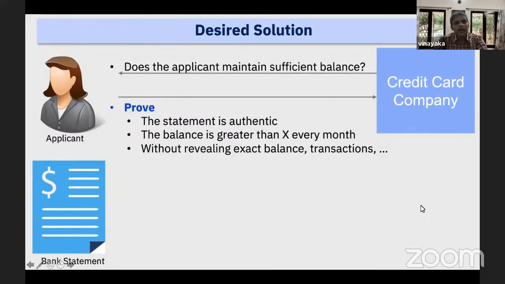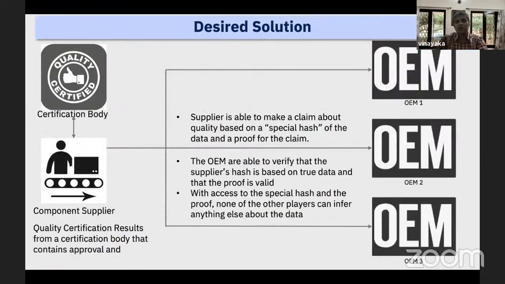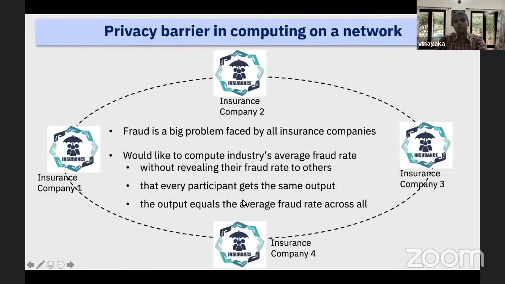How can she convince this credit card company that she is maintaining a particular amount of balance every month without sharing the bank statement, and the credit card company is happy with it? It gets convinced also, but without seeing the balance and transactions. So each one of these things actually sounds like, how is this possible? How can they compute the average without anyone learning what the numbers for others are? So all of this sounds like magic.